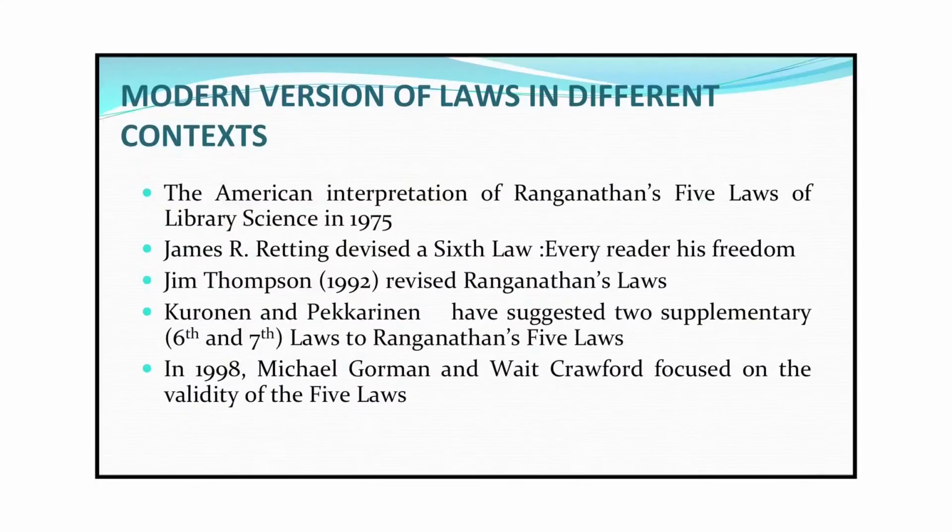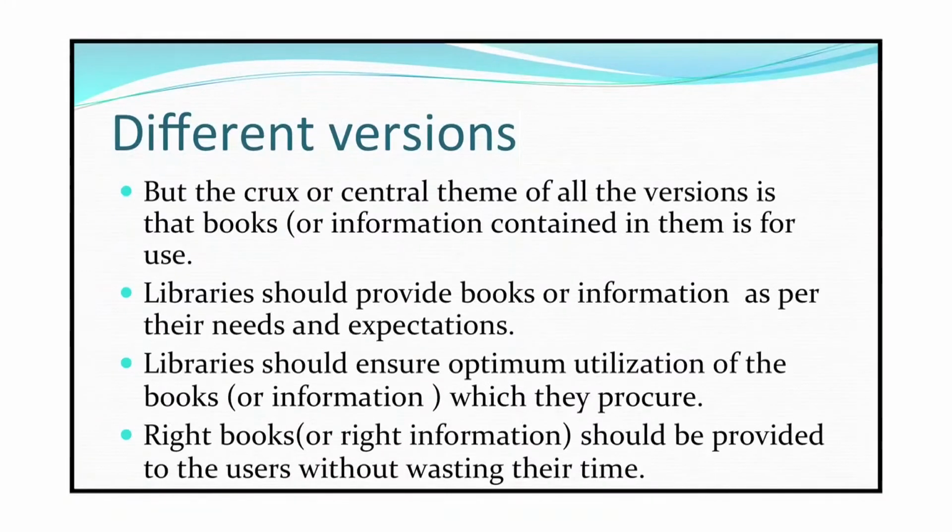Learners, we just now talked about the 5 laws of library science, and then later on many other experts of library science modified and built upon these 5 laws in different contexts. As you can see on the screen, the different experts modified, built upon these basic 5 laws. But the crux of all these versions is that books or information contained in them is for use.